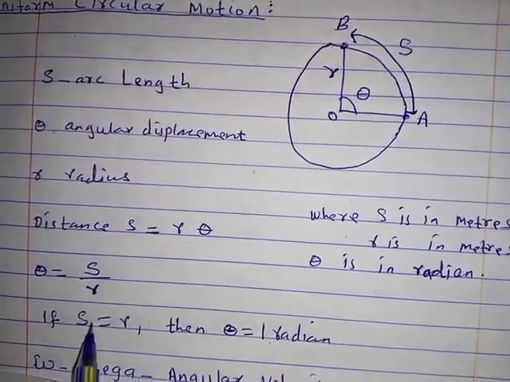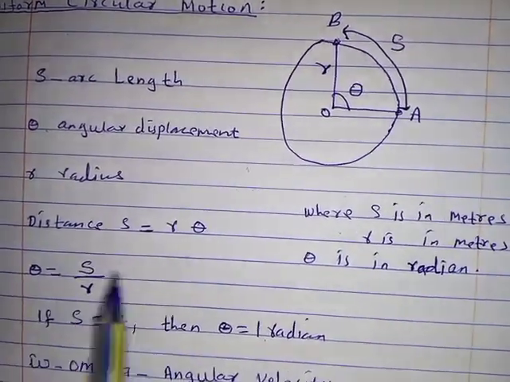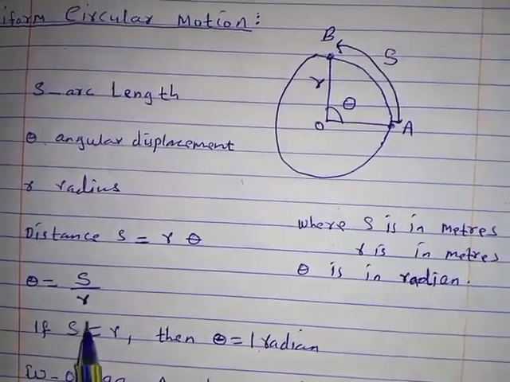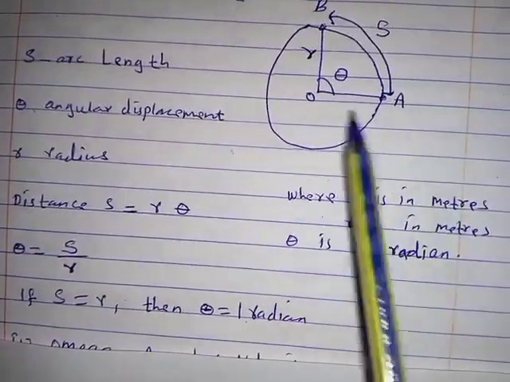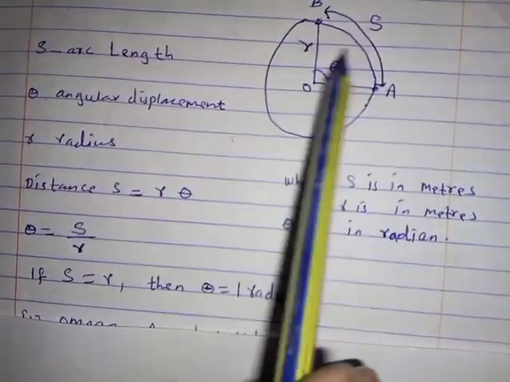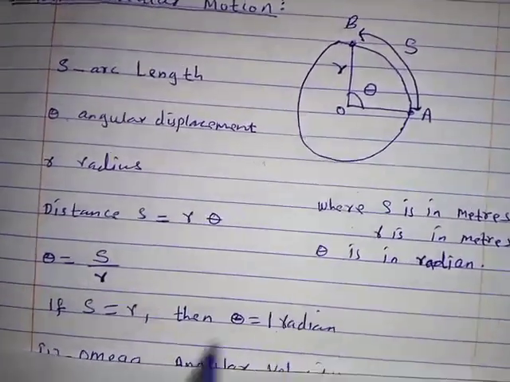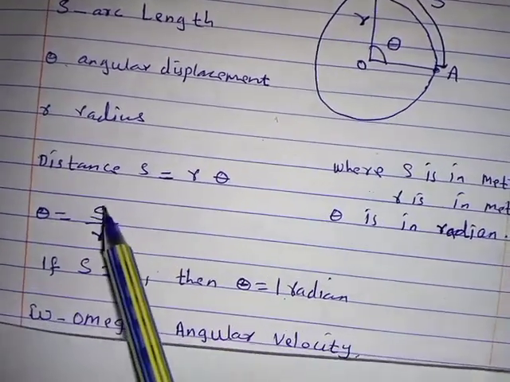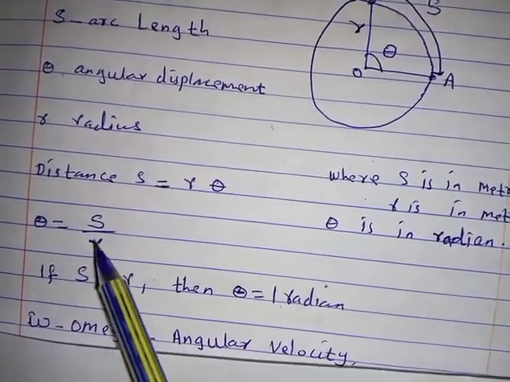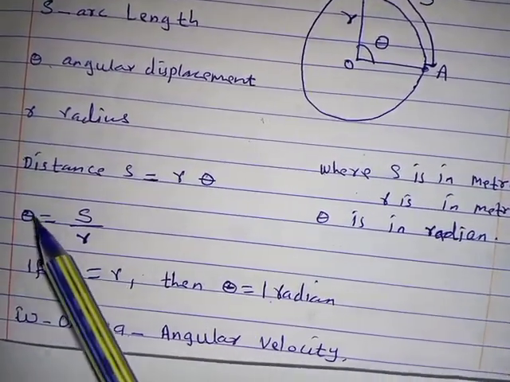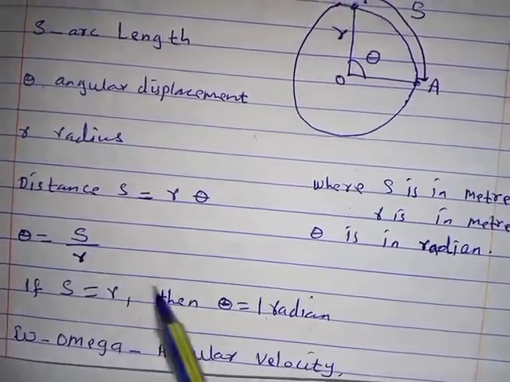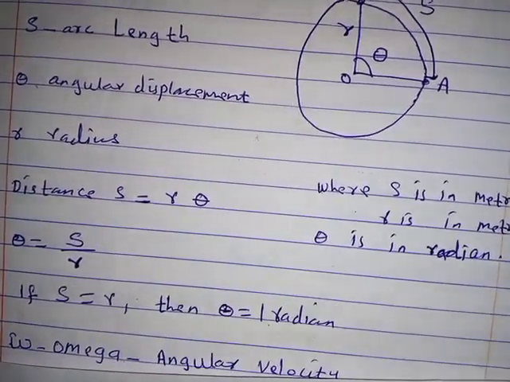I repeat, 1 radian is defined as the angle subtended at the center of this circle by an arc length which is equal to the radius of the circle. So if you substitute here, 1 divided by 1 is equal to the angular displacement. That is what is referred to as 1 radian.